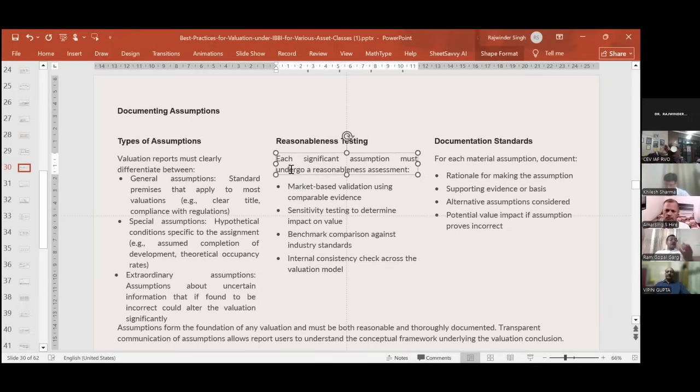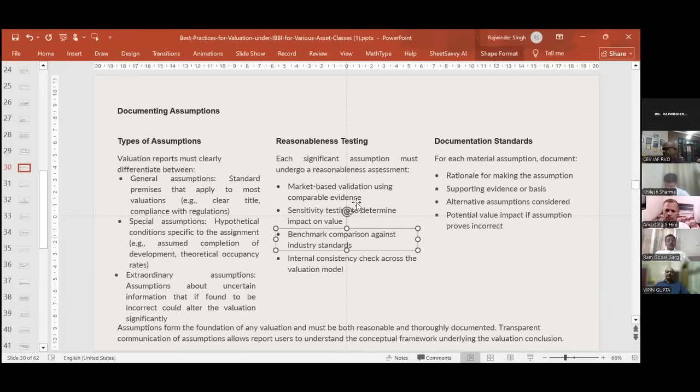The first thing is market-based validation using comparable evidence. Whatever assumptions you have to face, you have to validate them using market-based comparable evidence.